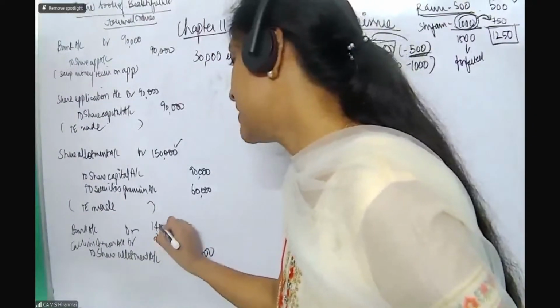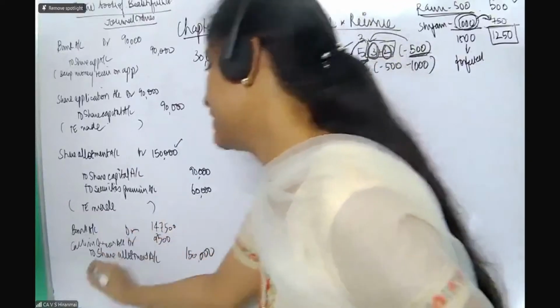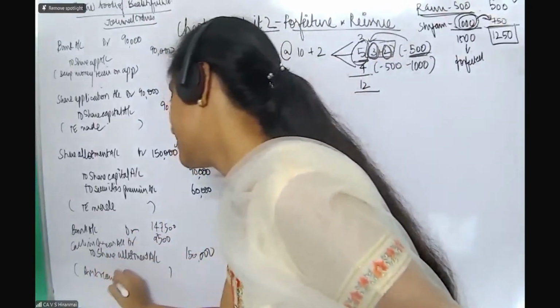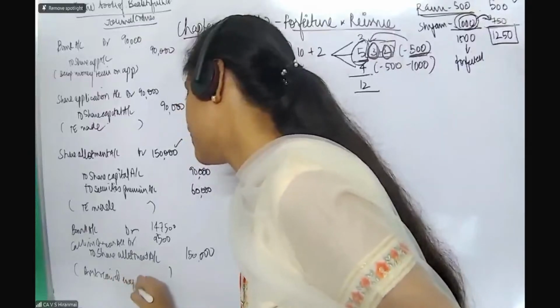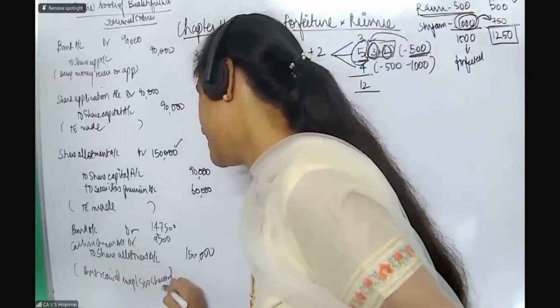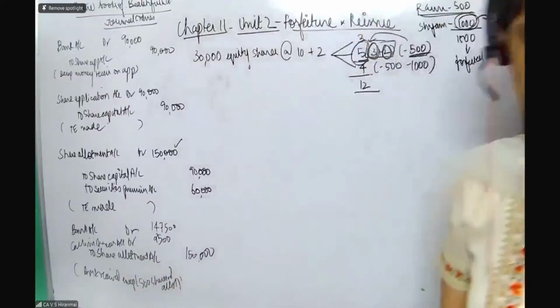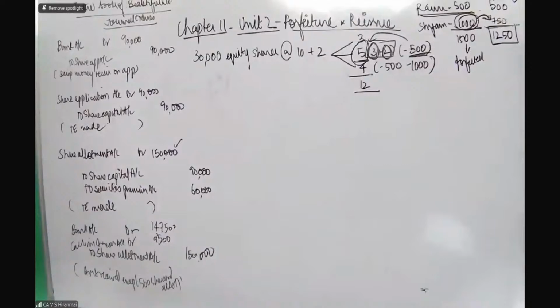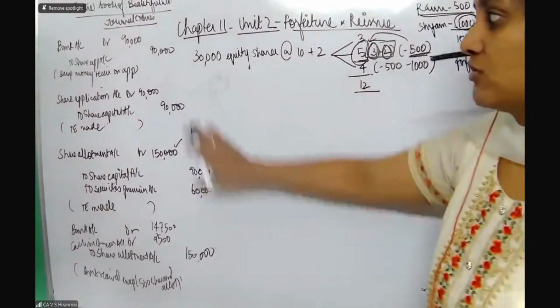So how much would be received? The remaining amount. What will be the narration? Amount received except 500 shares on allotment. That will be the narration. So the amount is received except for the 500 shares here.